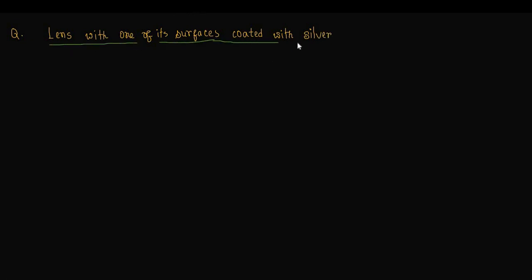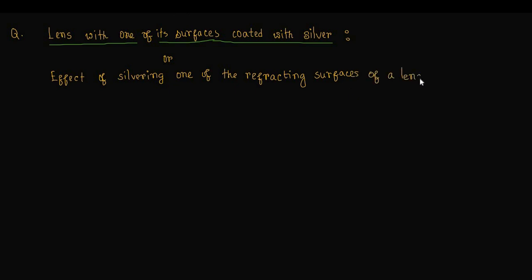Effect of silvering one of the refracting surfaces of a lens. What will be the effect of silvering one of the refracting surfaces of a lens?